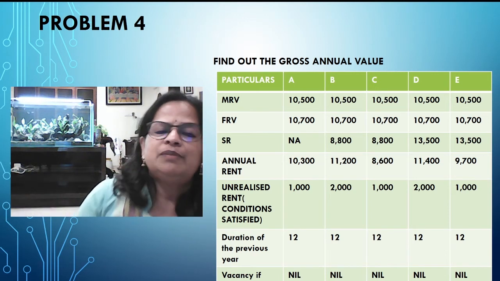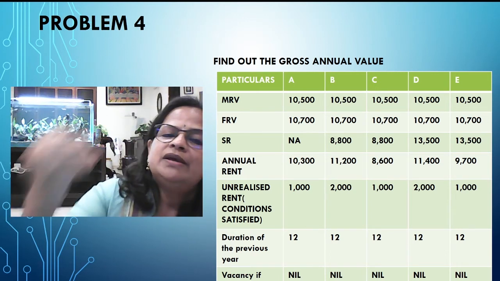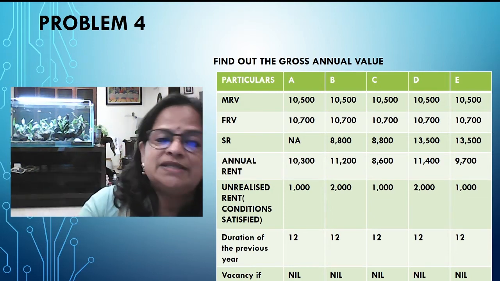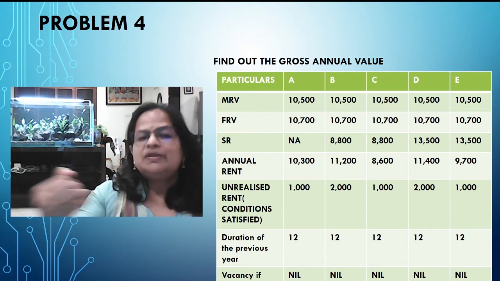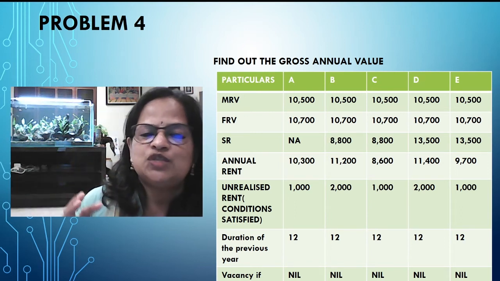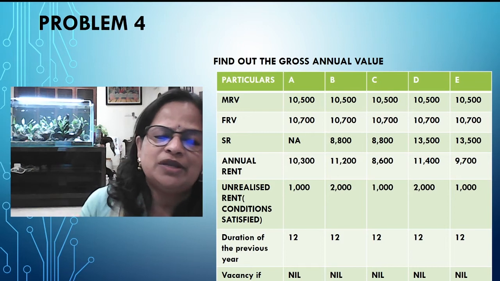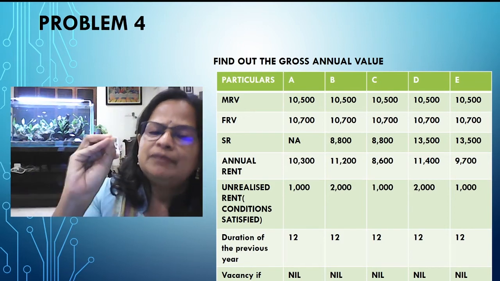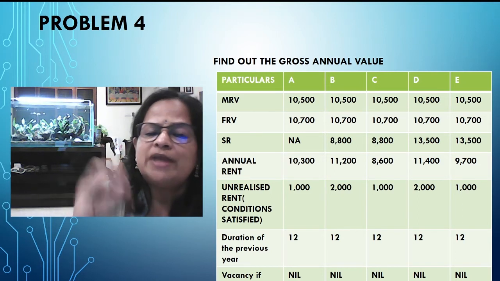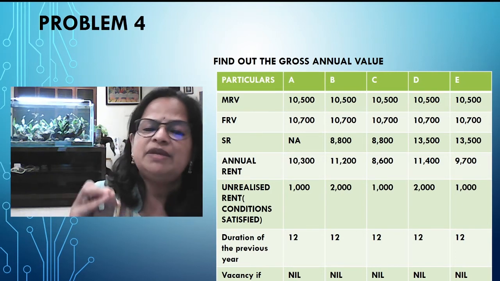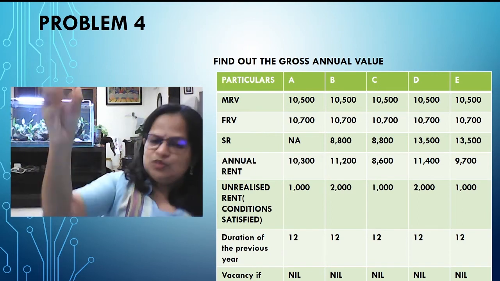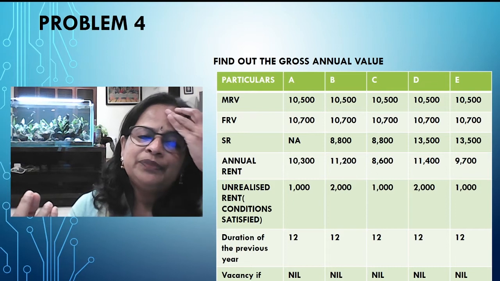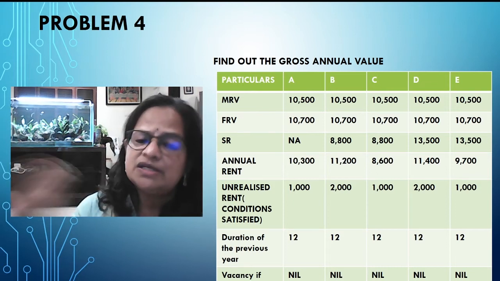So here the problem is: fair rental value is there, municipal rental value is there, standard rent is there, annual rent is there. See, annual rent and unrealized rent. Condition satisfied, you don't have to worry about that. Condition satisfied meaning the income tax officer has accepted the conditions to accept the unrealized rent. The landlord will claim that this month, due to some reason, they have to convince the income tax officer and the commissioner, and they will say that this is unrealized.